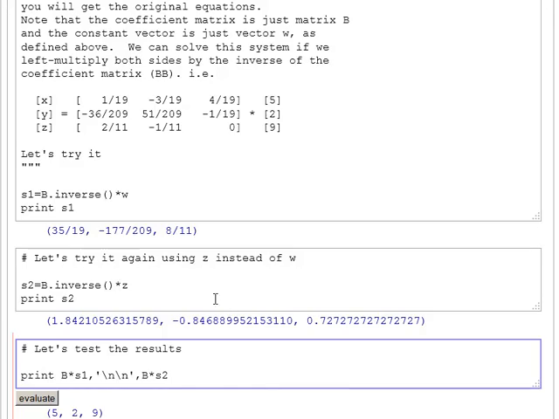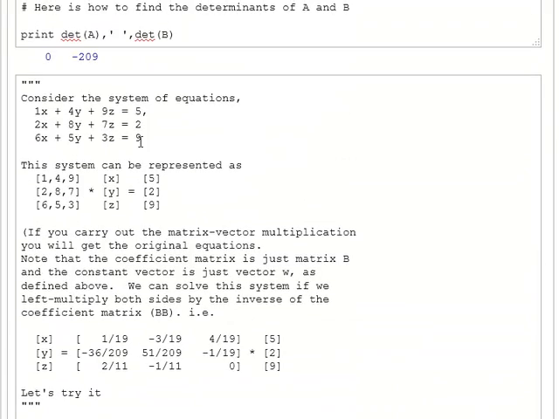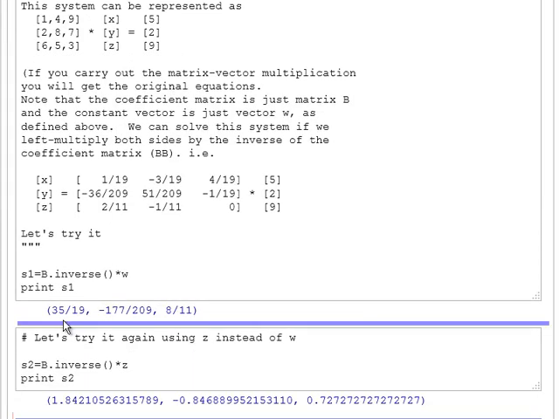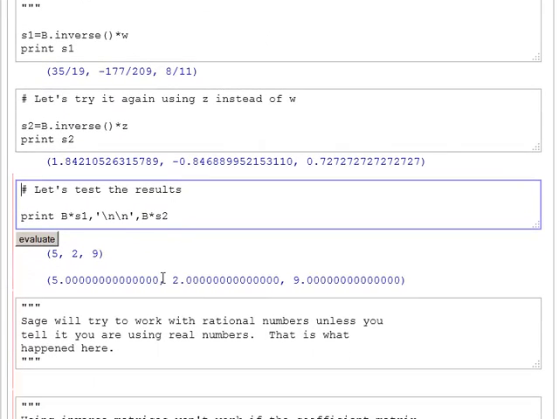All right. Well, how do you test the results? Well, let's go back up and look at this. If I take my results, that's this xyz vector. Okay, so that's the calculation we had here. So if I take my original B times my result vector, it should give me 529. Let's see what happens.